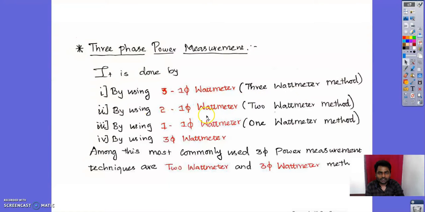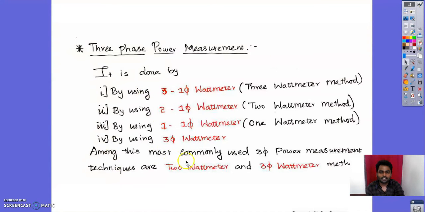Then by using two single-phase wattmeters, that is, two phases of your supply are connected to 2 wattmeters, termed the 2-wattmeter method. Then by using one single-phase wattmeter, termed the 1-wattmeter method, or by using a single 3-phase wattmeter connected to the system in order to measure the 3-phase power. So these are the four methods for the measurement of 3-phase power.